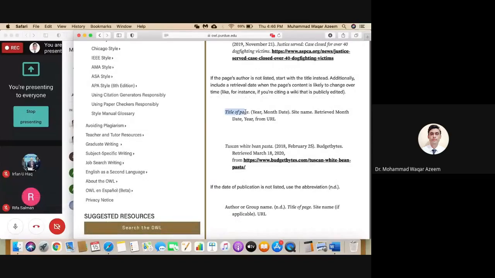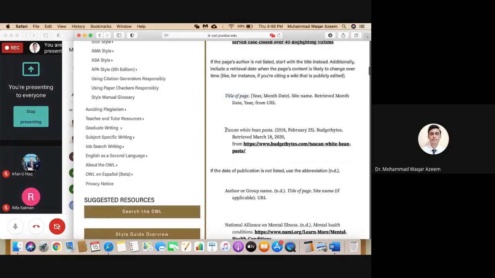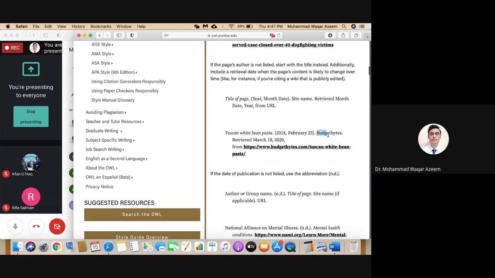So title of the page comes first, then year, month, date, site name, retrieved month, date, year from URL. So this is title of the page, then the date of publication, the name of the site, and the date of retrieval, and after putting the word from, you put the link over here.